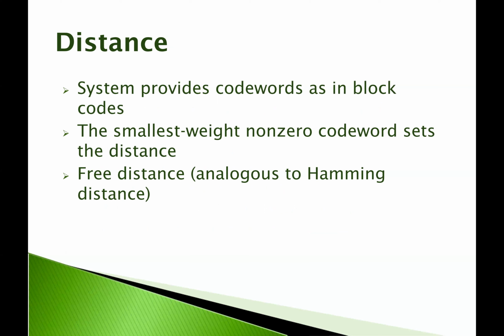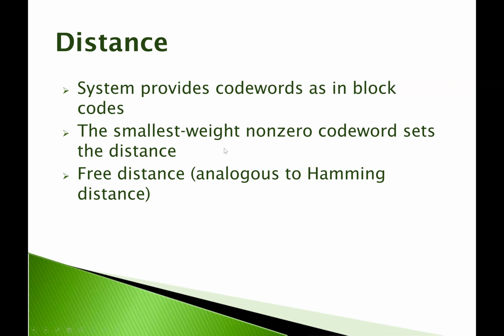They're generated differently, but we still end up with this kind of set or family of code words. We can look at that smallest weight non-zero code word, right? The weight, recall, is the number of bits that are 1 inside a fixed length code word. When we compare that to the all zeros code word, that gives us the distance between them, right?